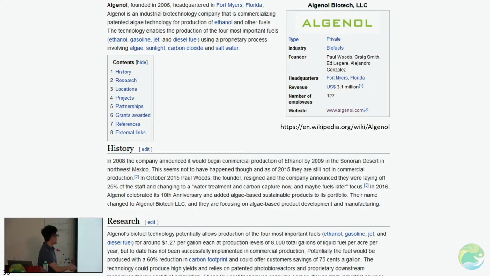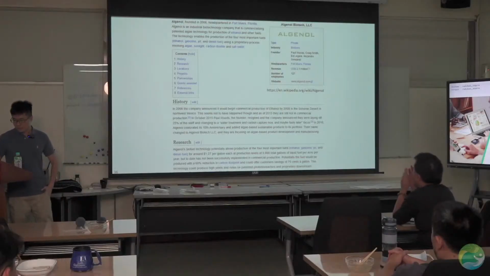This company was established in 2008 or 2009, and after 8 years, no commercial products had been produced. Until 2015, they were still not in commercial production.